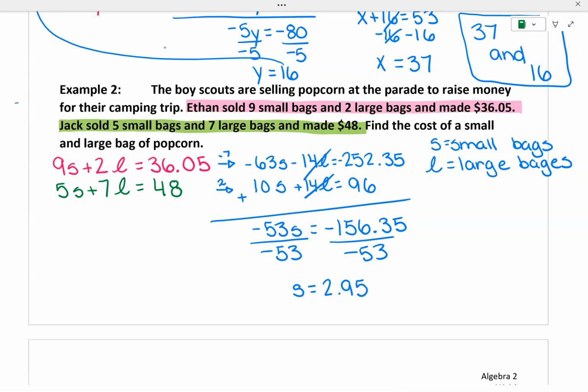Okay, so then we're going to go plug that in. So I'm going to use the bottom one this time. So 5 times 2.95 plus 7 times L equals 48. 5 times $2.95 gives us 14.75.